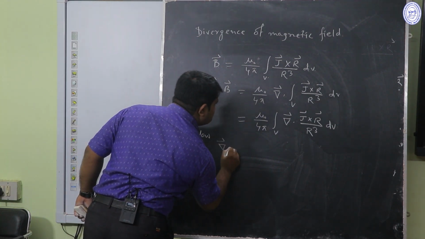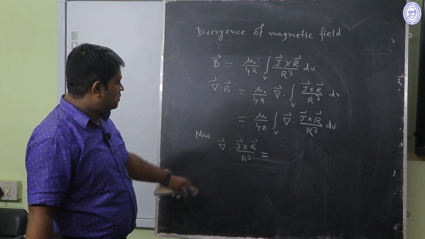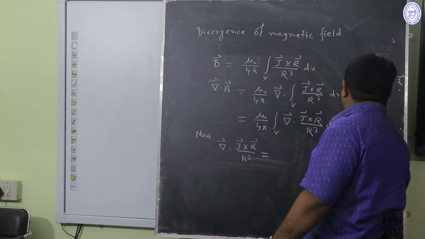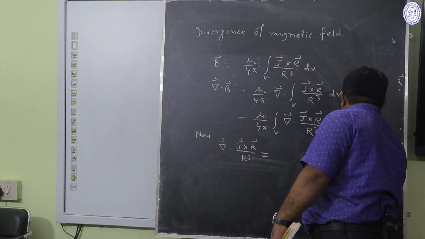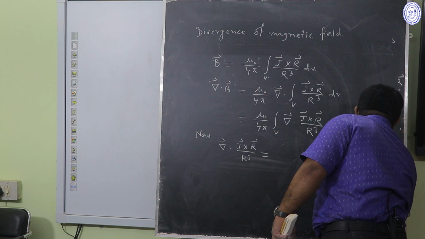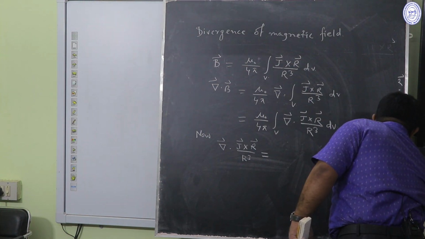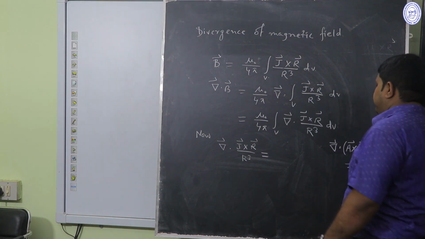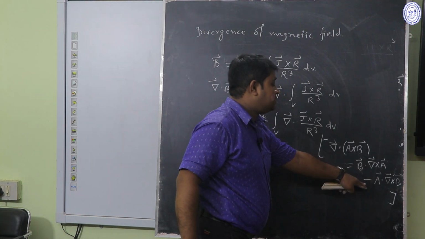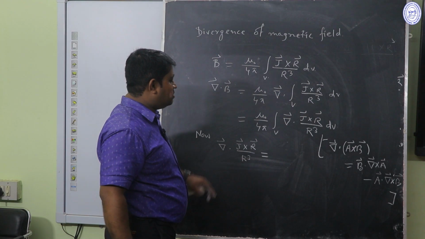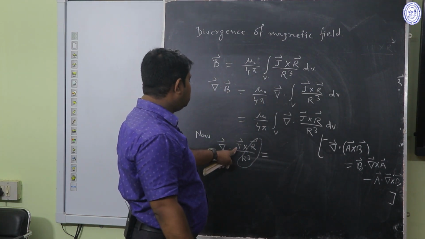Using the vector identity, divergence of A cross B is equal to B dot curl A minus A dot curl B. We can write divergence of J cross R by R cube, where B is R by R cube and A is J.